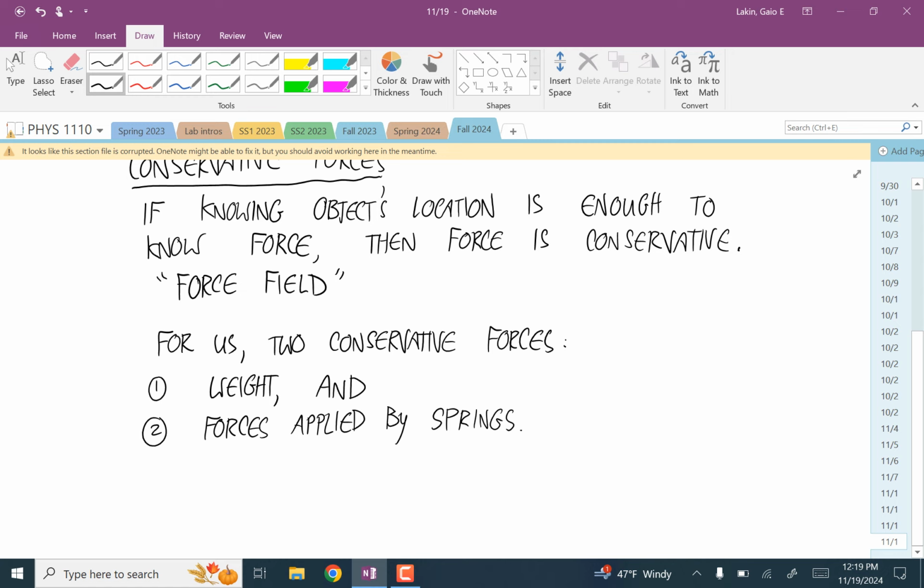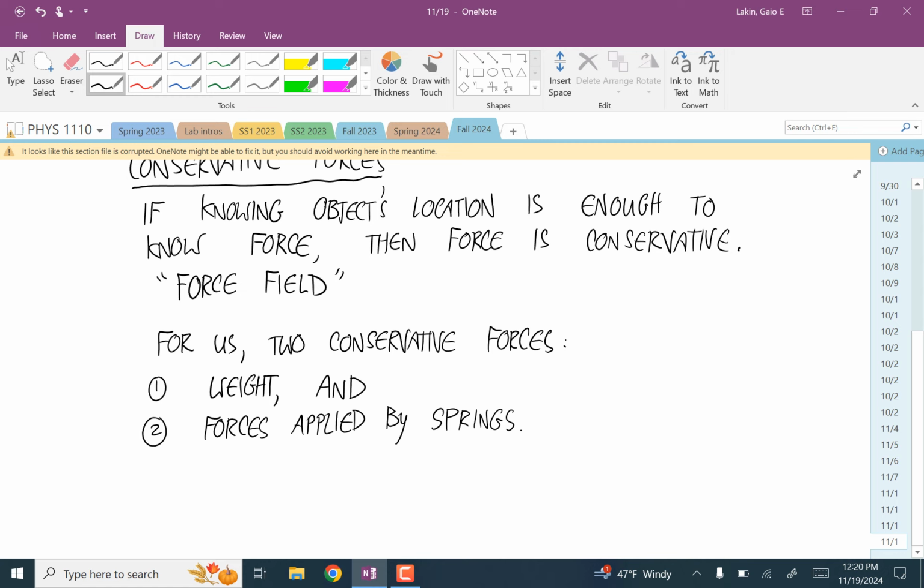Okay, so let's say this is the object, and you know what its mass is. Let's say it's 1/10 of a kilogram. So let's first think about how the weight force, the force applied by gravity, is a conservative force. If I tell you that this object is at this location, have I given you enough information to know the weight force acting on it? Yes. In fact, weight is sort of a funny one.